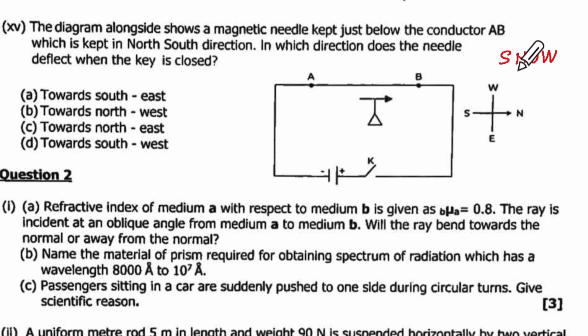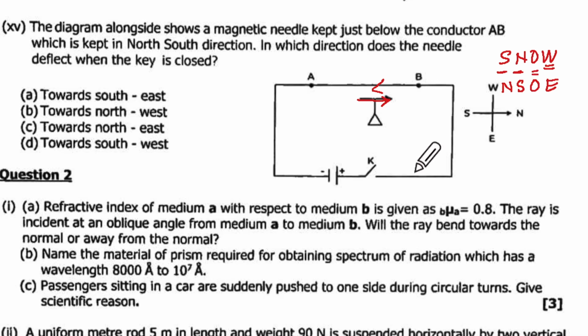Everybody must know that when the current is going from south to north and the conductor is over the needle, means needle is underneath, then the north pole of the needle deflects to the west. So where is the current? This is positive, so it's going this way. It is going from north to south, correct? So it will be east. Agreed?